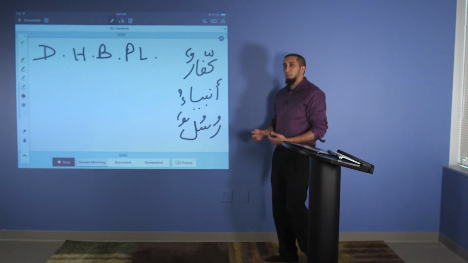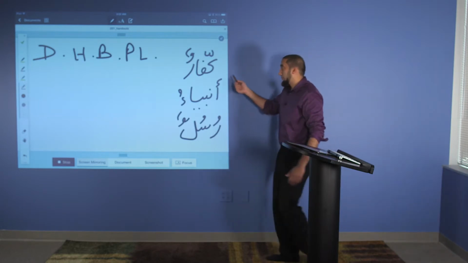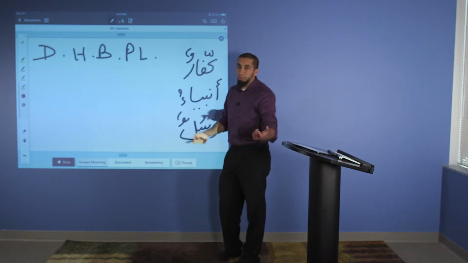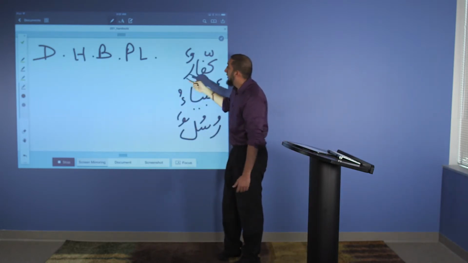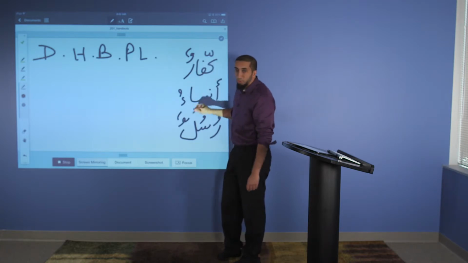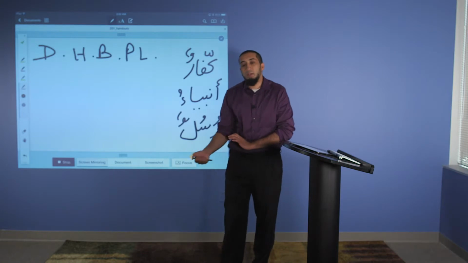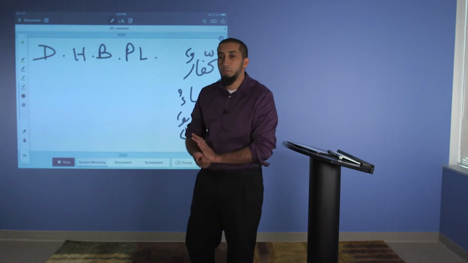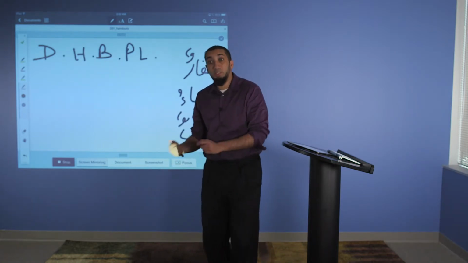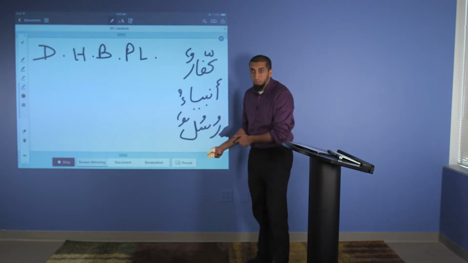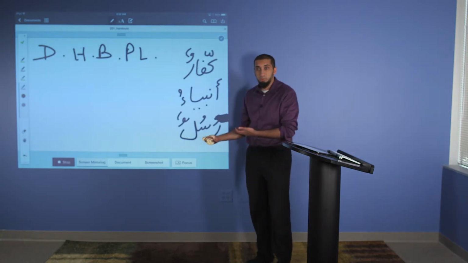There's a few things to know about them. How do you define a broken plural? Broken plurals are plurals of a word like kafir, kuffar, or nabi, anbiya, or rasul, rusul, right? That don't have a combination. So when a word is plural, even though it doesn't have a combination, that's a broken plural. Okay?